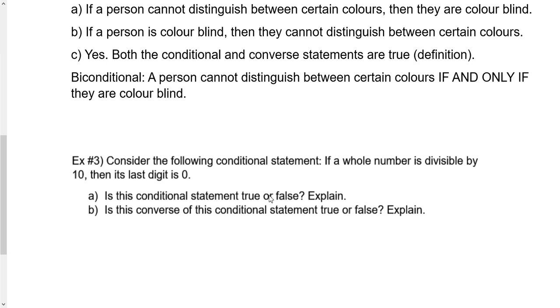So is this conditional statement true or false? Let's look at a couple of examples. 0, yeah, 0 is divisible by 10. 10, 20, 30, 40, 50, 10,360. Yeah, all of those are true.